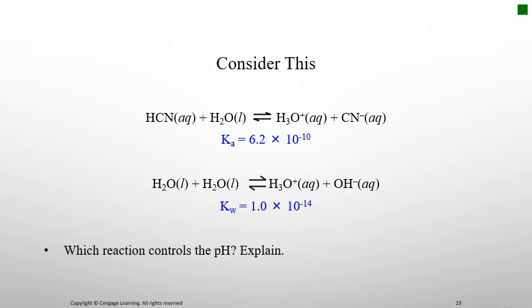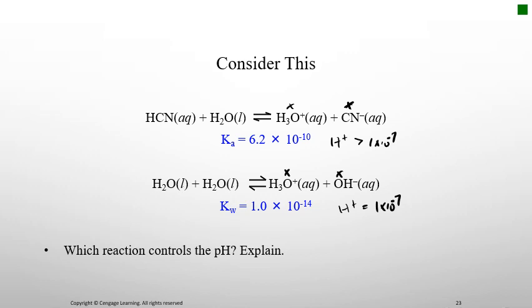So when I look at this and I have a Ka of 6.2 times 10 to the minus 10th versus a Kw of 1 times 10 to the minus 14th, each one of these would be an X that would be equivalent to each other. And so if I were to take the Ka and set this up, I would know that the Ka for this particular reaction is going to have an H plus concentration greater than 1 times 10 to the minus 7th power, which is what the H plus concentration in the bottom reaction would be equal to.